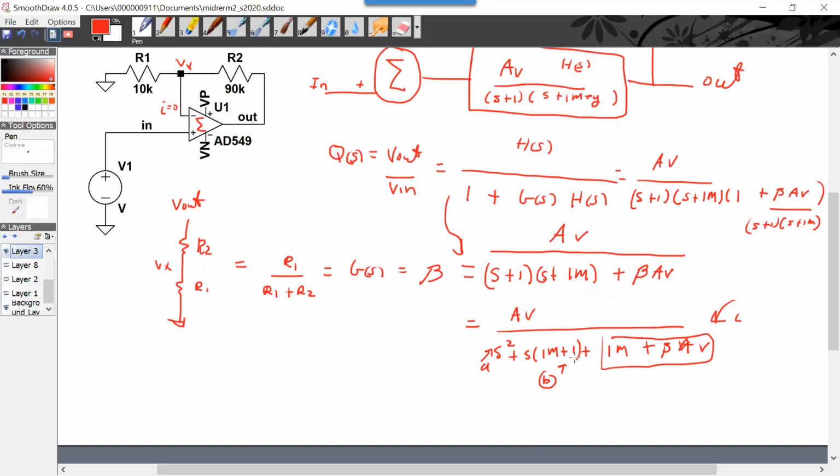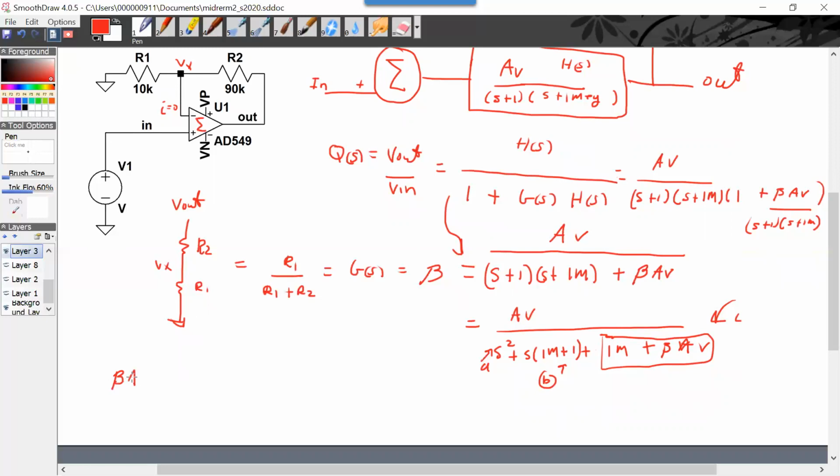This question though is when will this act like an ideal op amp? Well, if AV went to infinity, it would carry the beta along with it and drown everything out. And then I'd have AV divided by AV with that beta term. So really, what's infinity? It just being bigger than that.